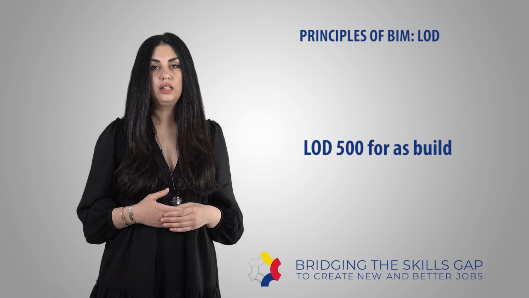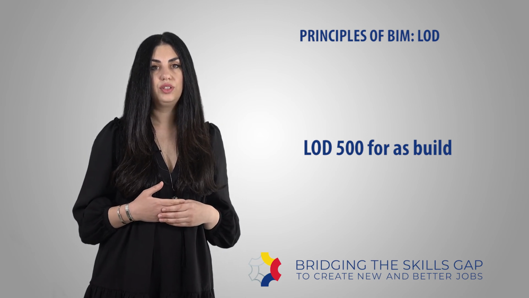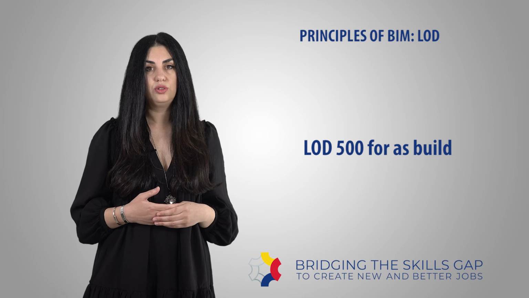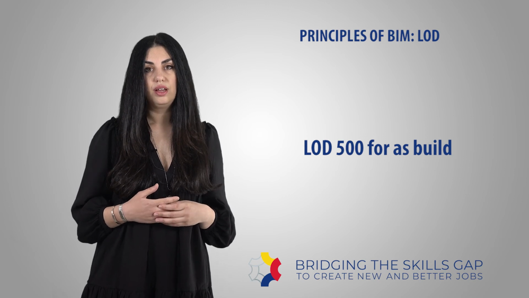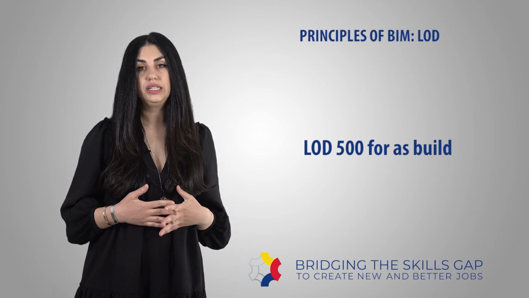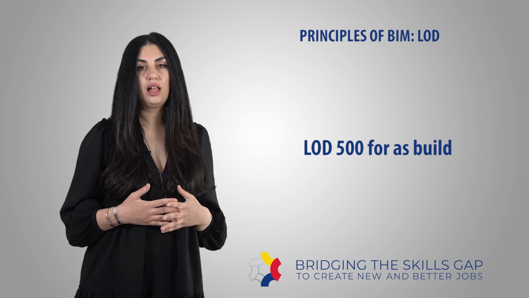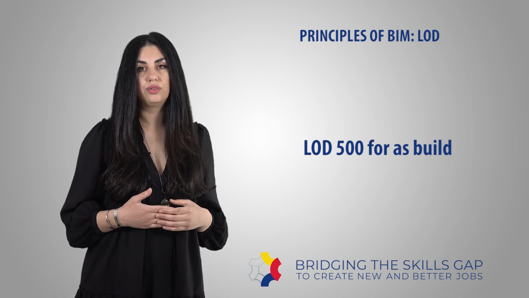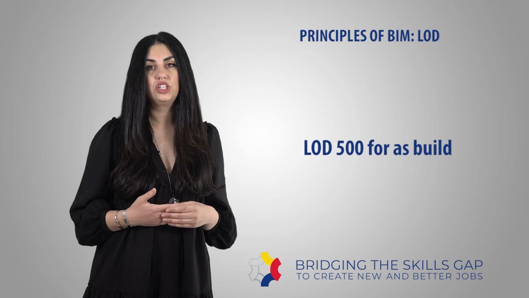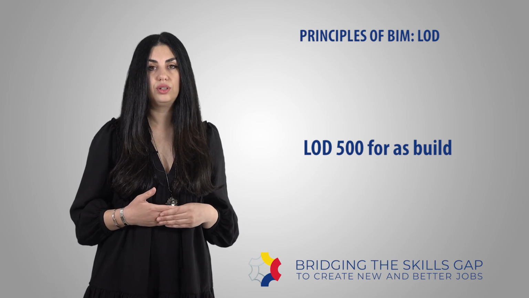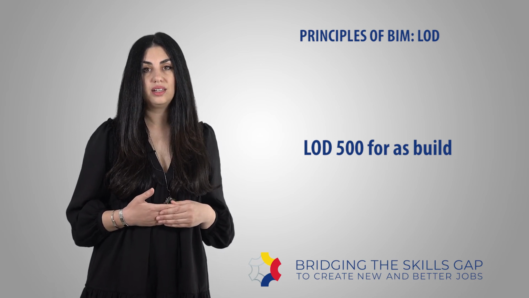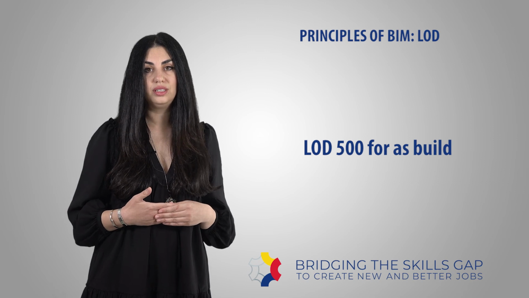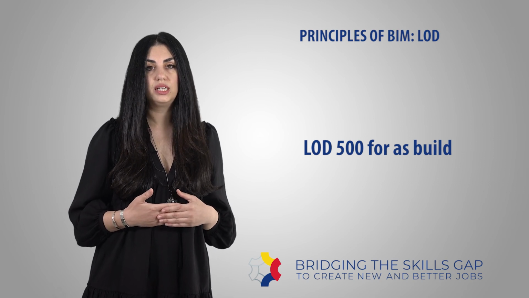So, earlier I said that level of development can be related to project phases, but remember that officially they are not. It just helps to picture the milestone. There is actually no such thing as LOD 300 model. It doesn't make sense to require the same LODs for all objects in the model.